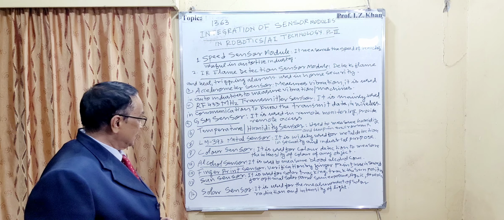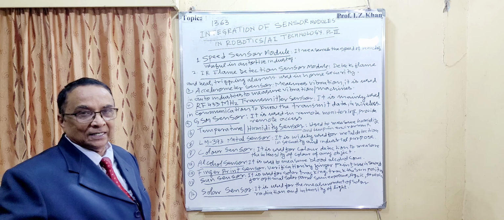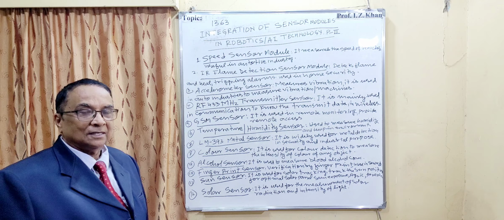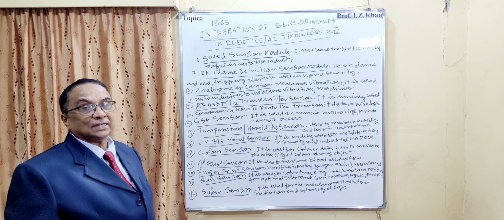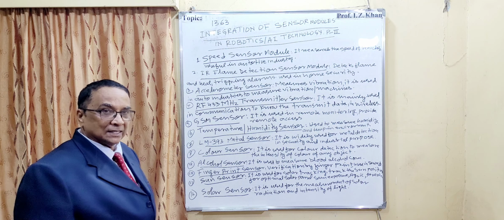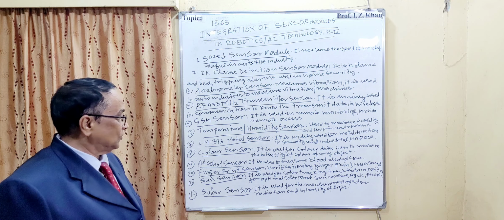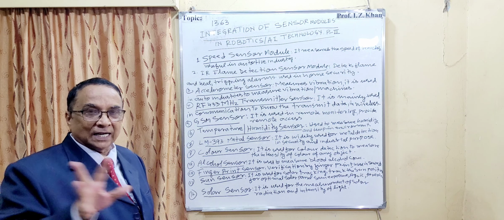Then number 10, fingerprint sensor. The fingerprint sensor is very common. Everybody is giving the impression of their finger to verify their identity. It is widely used at airports and for some security reasons. Then the sun sensor. It is used for solar tracking, the position of the sun, in which direction it is.